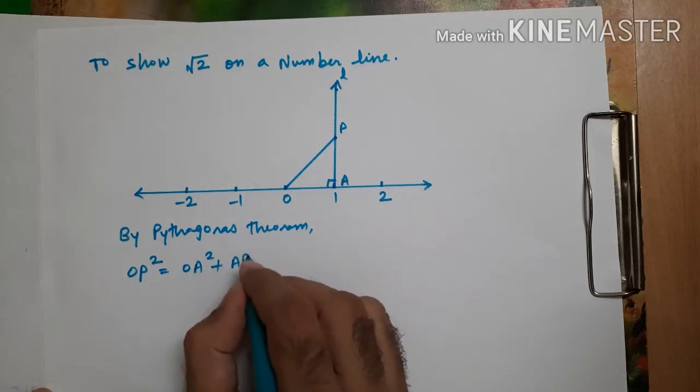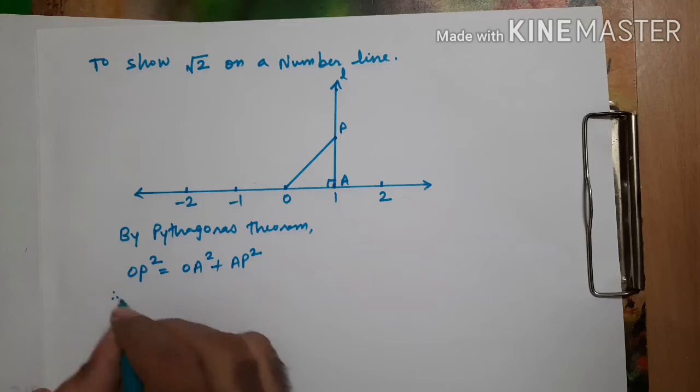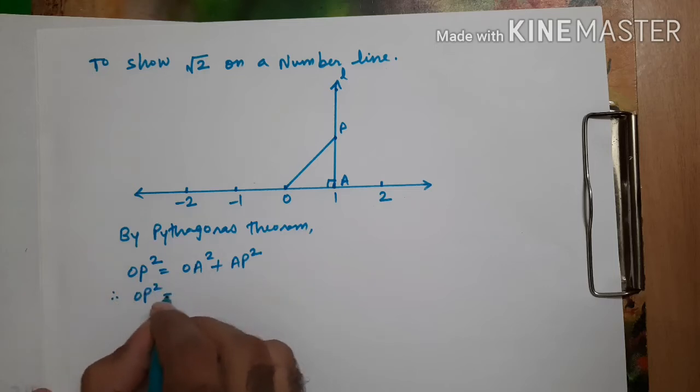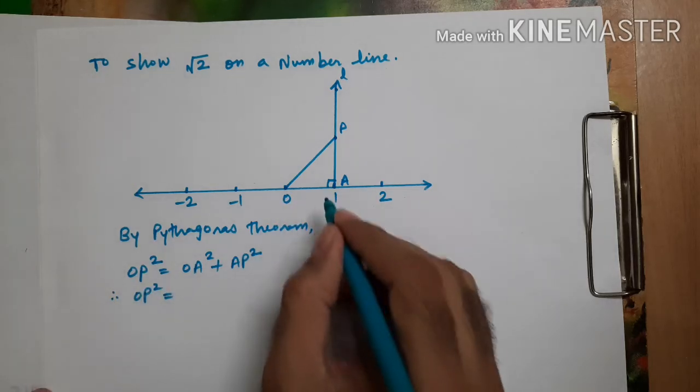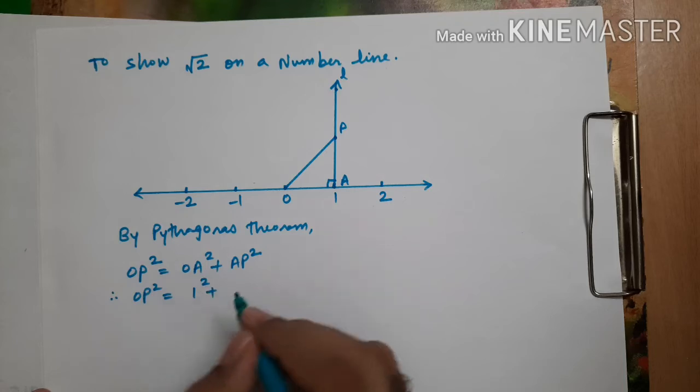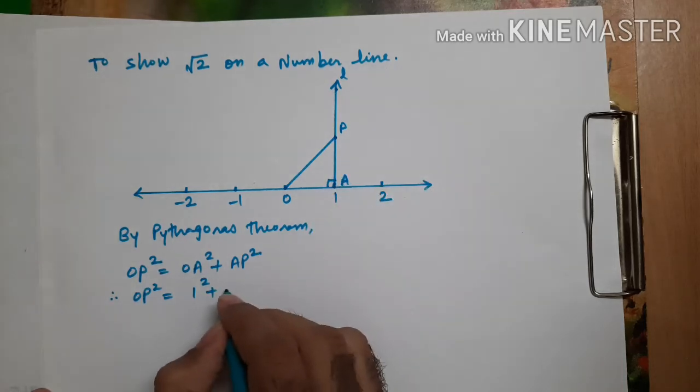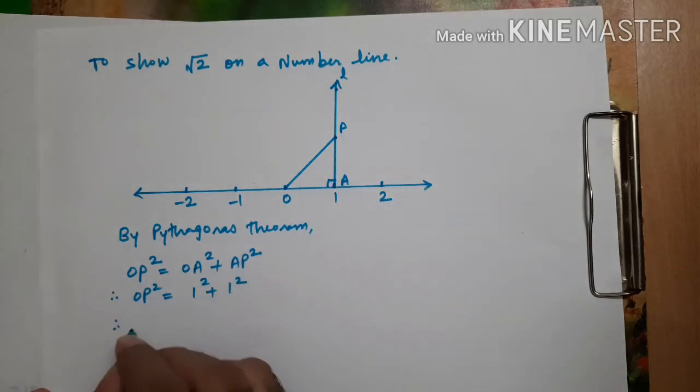plus side 2, that is AP square. Now therefore OP square equals OA is 1 unit, so 1 square, plus AP is also 1 unit, so 1 square. Therefore OP square equals 1 plus 1.